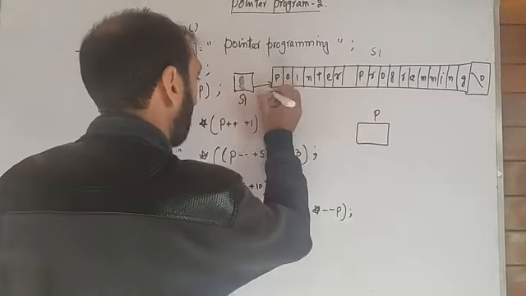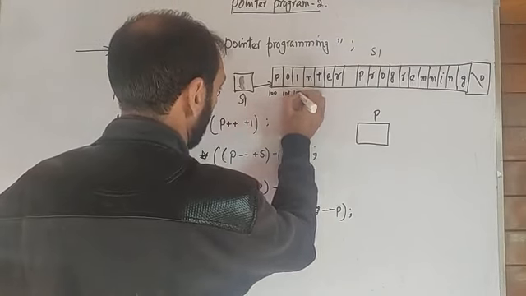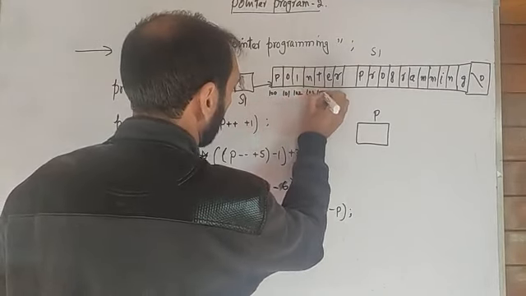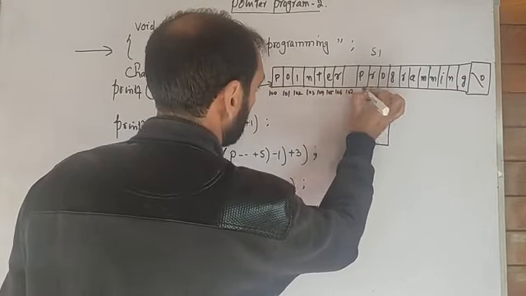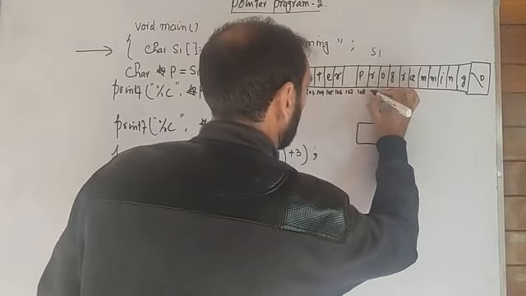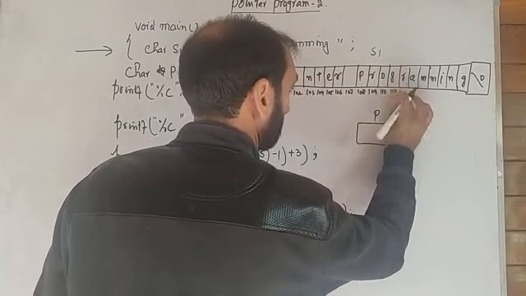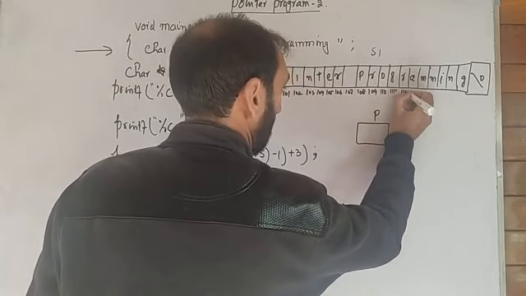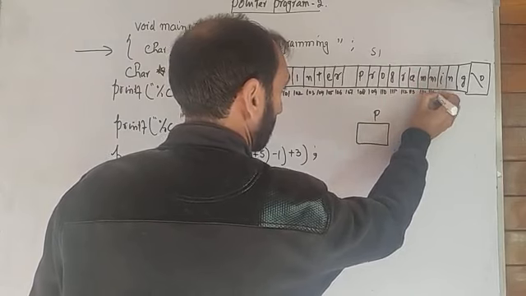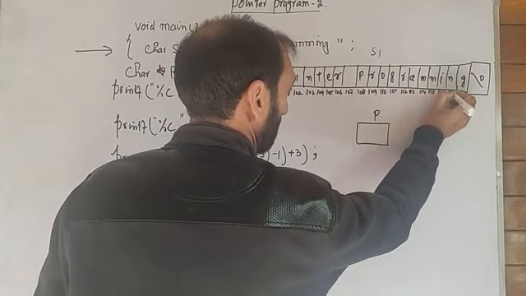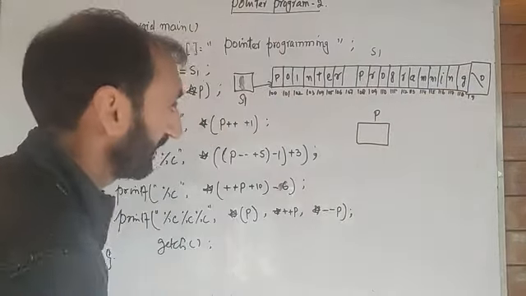Suppose this is the first address, 100. Then 101, 102, 103, 104, 105, 106, 107, 108, 109, 110, 111, 112, 113, 114, 115, 116, 117, 118 and 119.